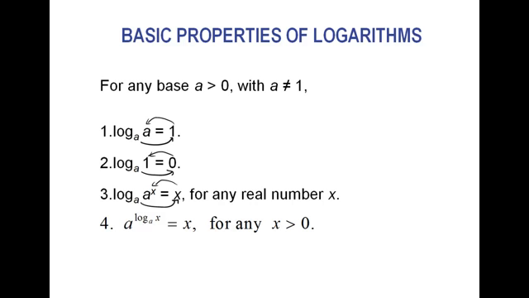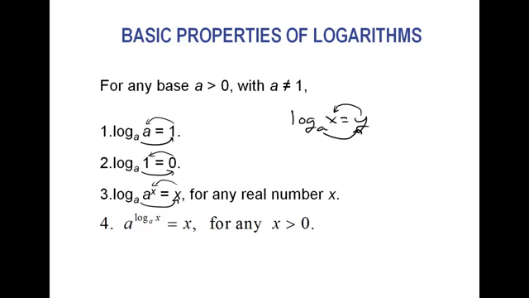And then here, if we take a number and raise it to the power of log base a of x, let's do it over here, log base a of x equals some number y. We don't know what it is, but if we rewrite this, it says if we take a and raise it to this power, we get an answer of x.